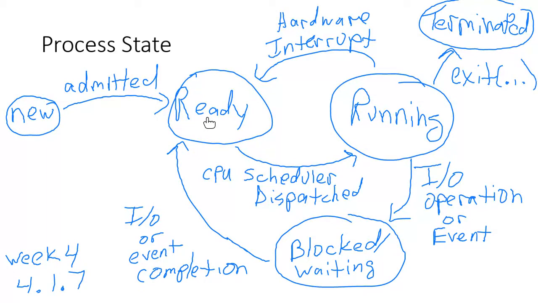So the operating system goes to that process and changes its state from blocked or waiting, whatever we want to call it, to the ready state, so that eventually it will be dispatched to the CPU. Not necessarily right away. Whatever process was in the running state, if there was one, will resume. But now that process is in the ready state.